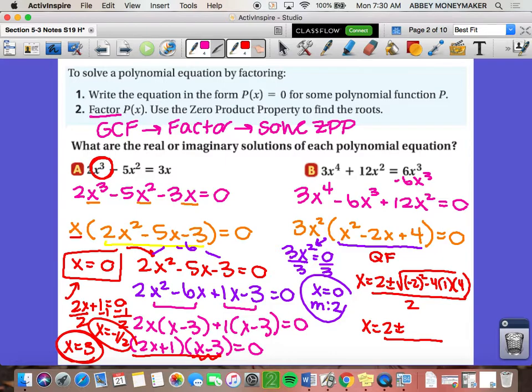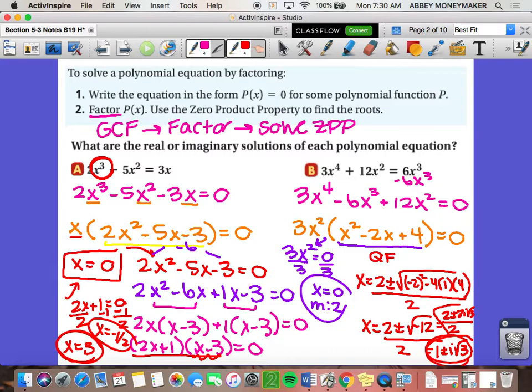That discriminant would give us negative 12, all over 2. And now from here, you would want to simplify the square root of negative 12. The square root of negative 12 breaks down to 2i radical 3. So I have 2 plus or minus 2i radical 3 all over 2. And you have a common factor of 2 here, so you would say that's 1 plus or minus i radical 3.